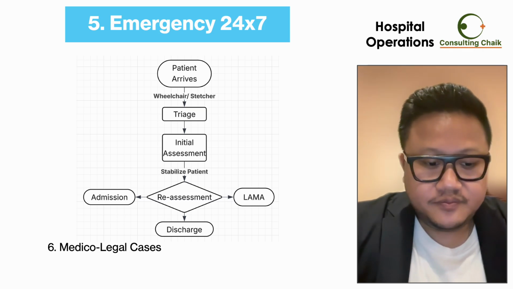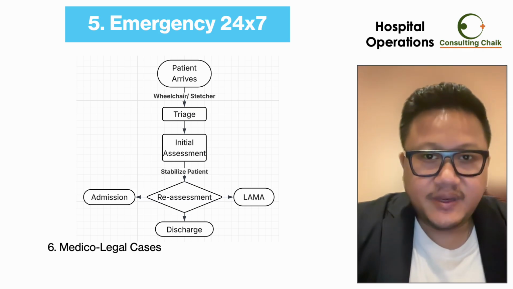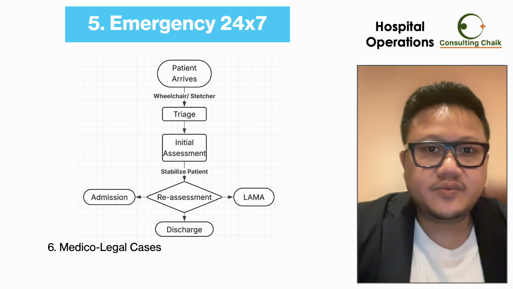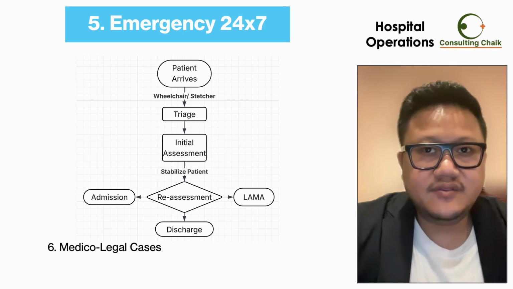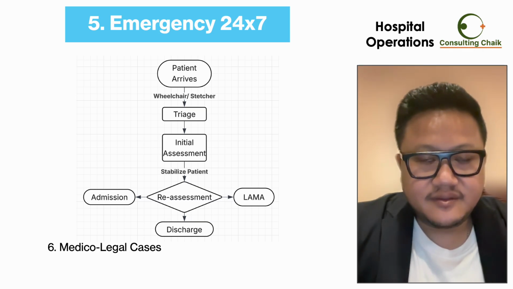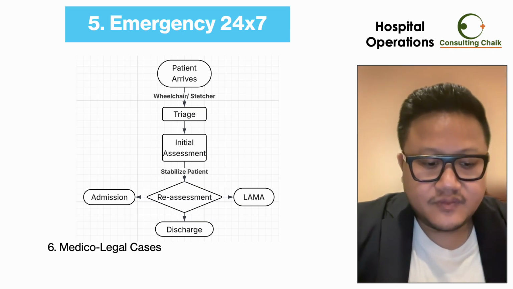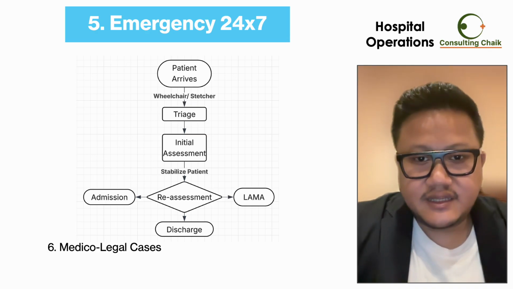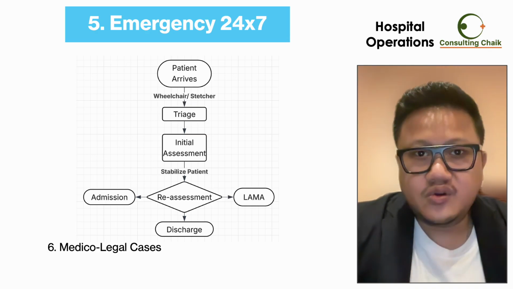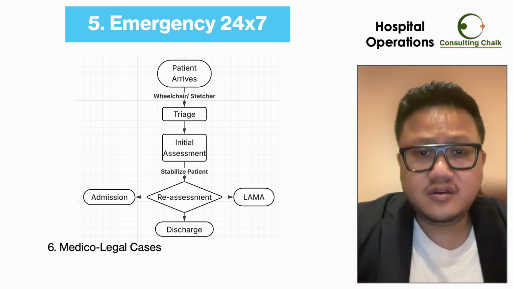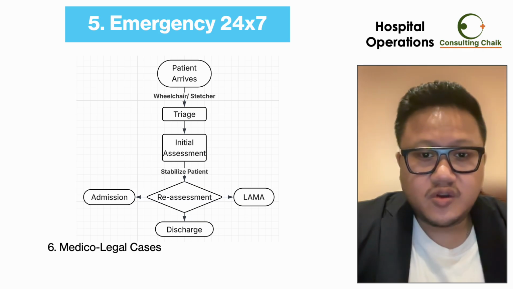When it is a medico-legal case, police have to be informed and involved. Until and unless the police give a written document from their side that this body is good to go, you cannot release it. To safeguard yourself, you have to document everything.